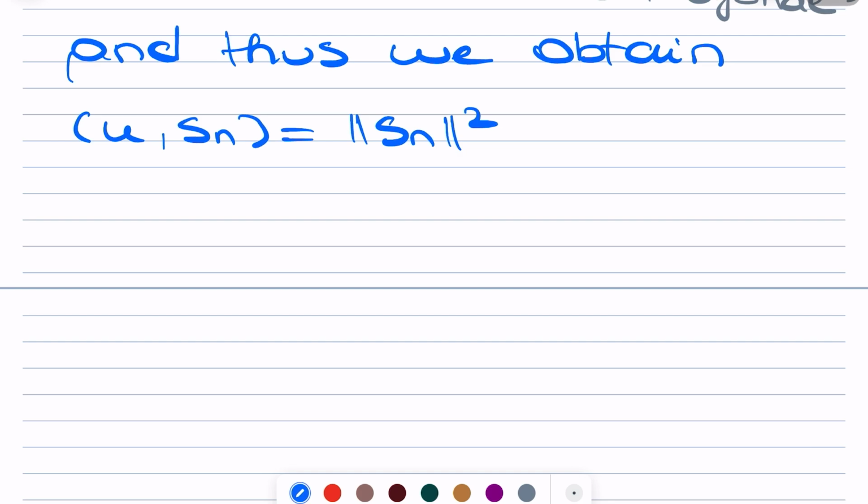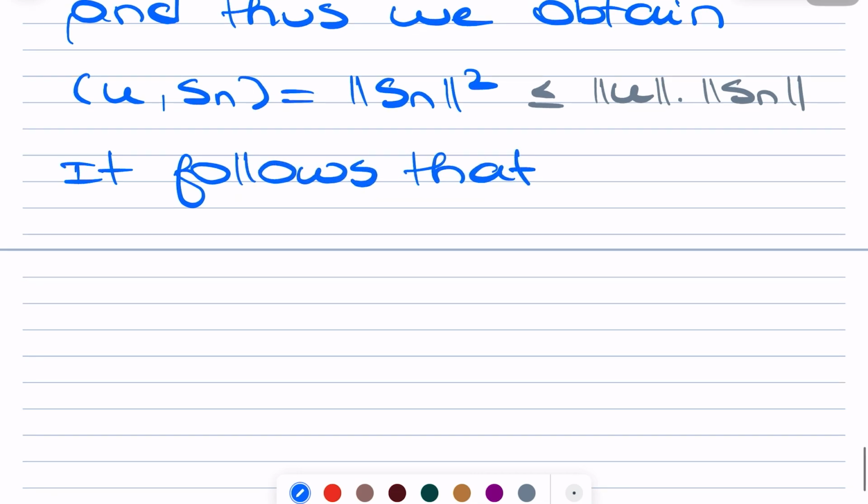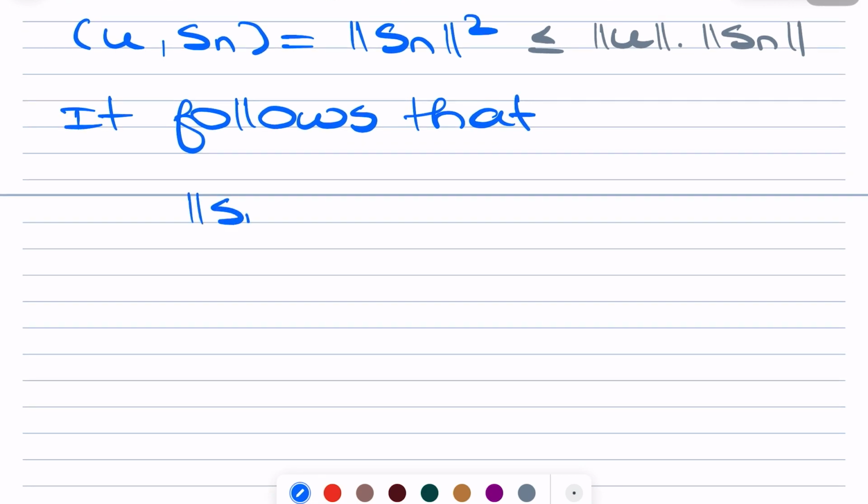Then by the Cauchy-Schwarz inequality, this is less or equal than the norm of u times the norm of Sn. So by simplification, it follows that the norm of Sn is less or equal than the norm of u.